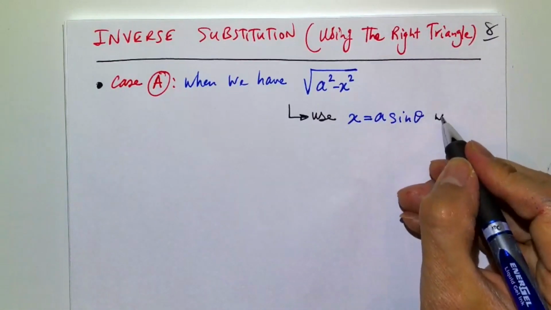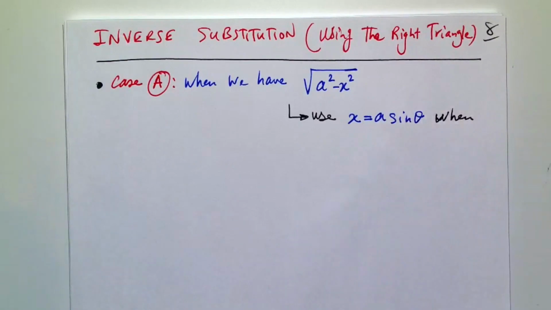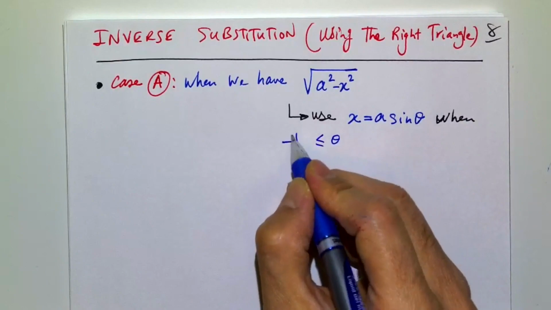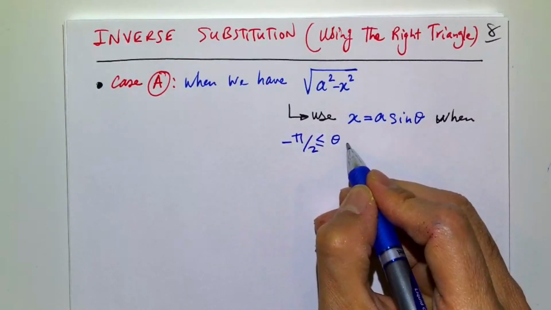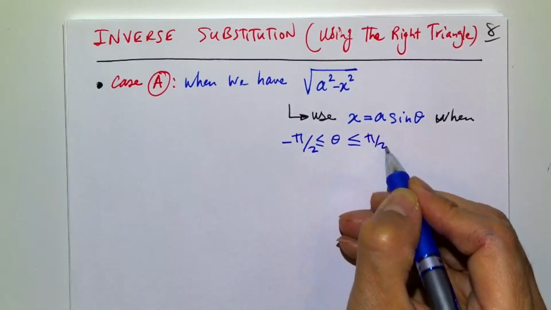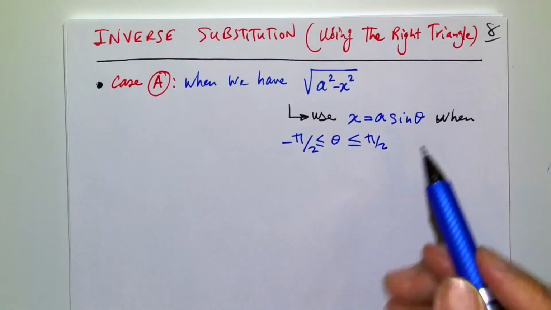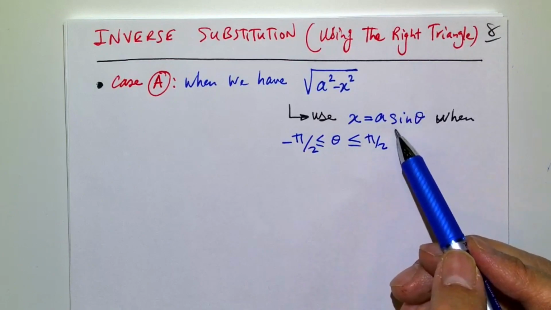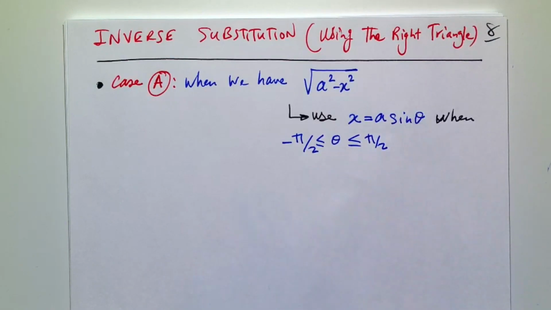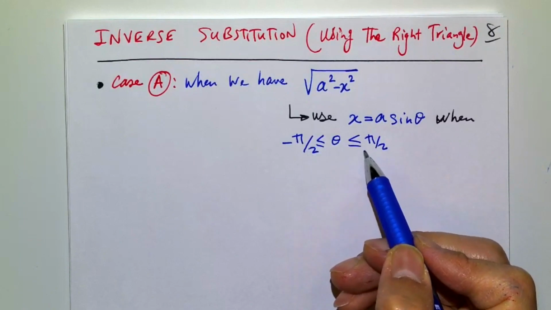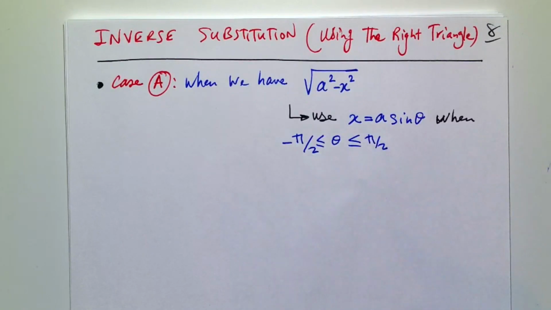when theta is, of course, between minus pi over 2 and positive pi over 2. Remember, this is the domain, because in order for a trigonometric function to have an inverse, we want to restrict its domain. Remember that from trigonometry? So within this domain, minus pi over 2 to pi over 2, the sine function is 1 to 1, so it's going to have an inverse.